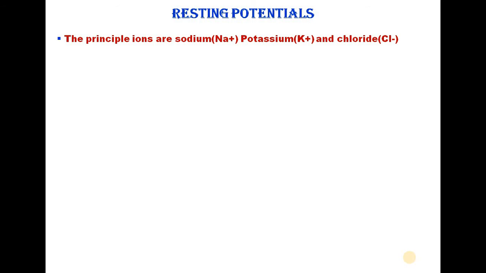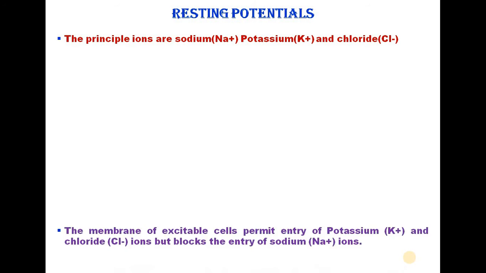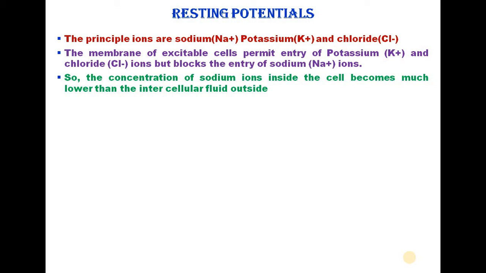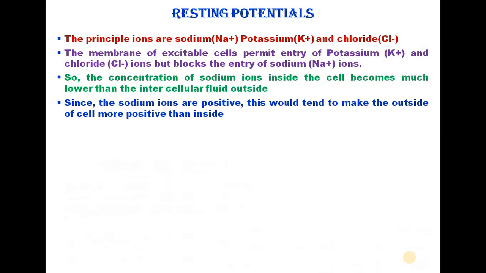The principal ions are sodium, potassium and chloride. The membrane of excitable cells permits entry of potassium and chloride ions, but it blocks the entry of sodium ions. So, the concentration of sodium ions inside the cell becomes much lower than that of the intercellular fluid outside.